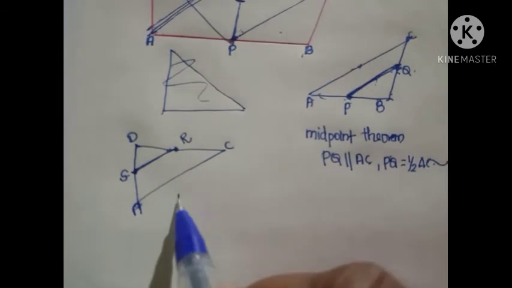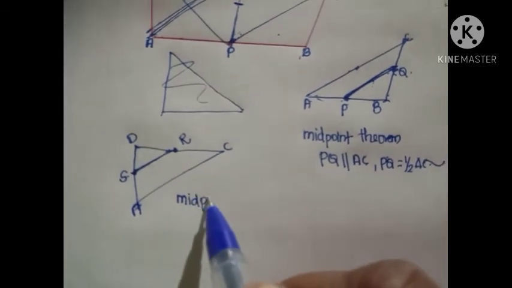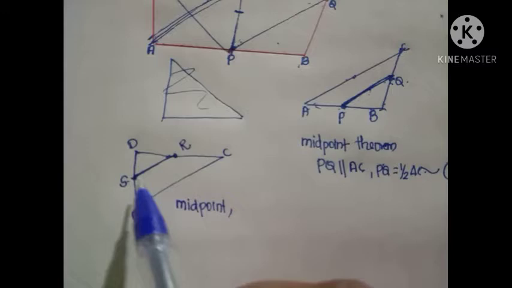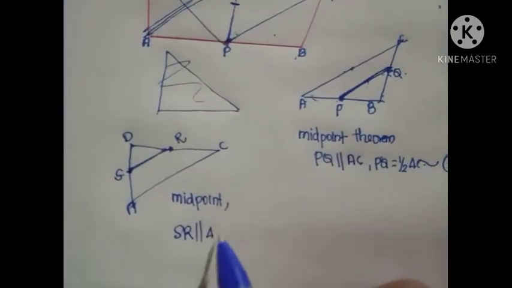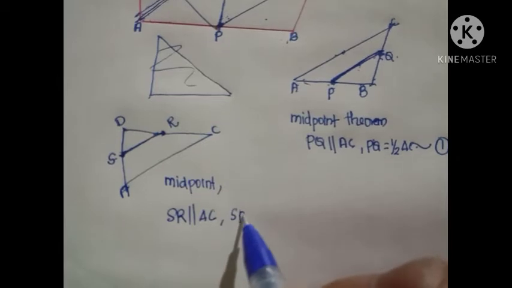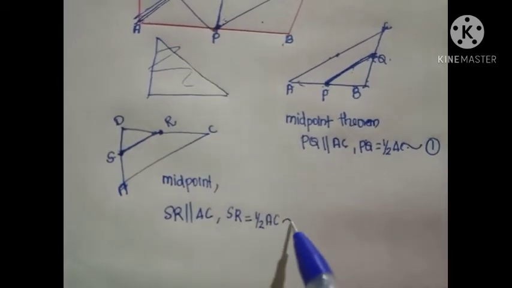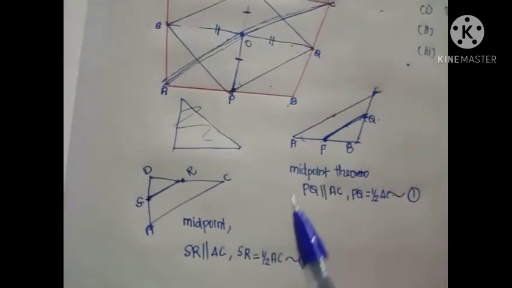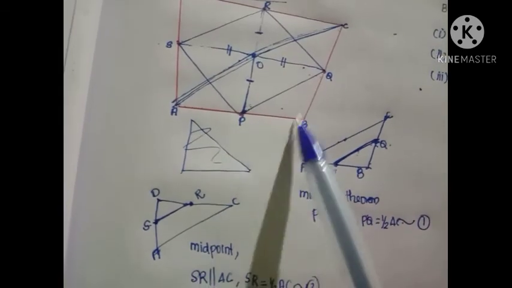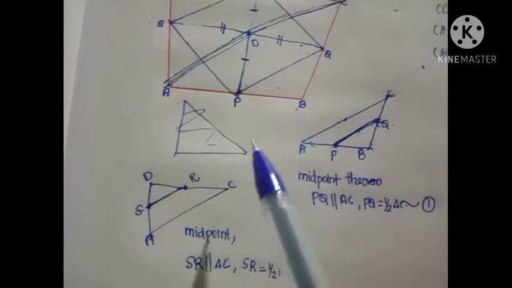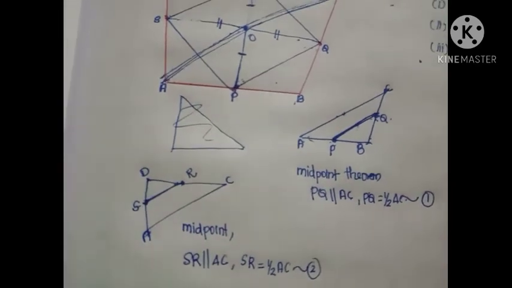So again, by the midpoint theorem we can say that SR is parallel to AC and SR is half of AC. Put it as equation number 2. So we separately considered these two triangles and applied the midpoint theorem.